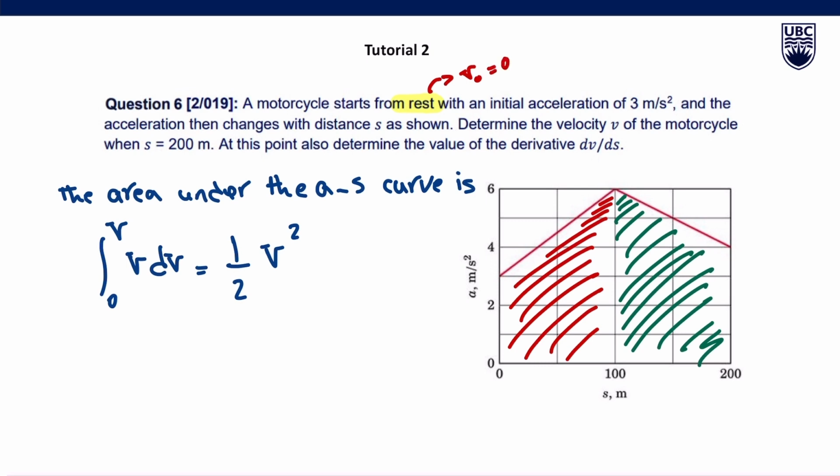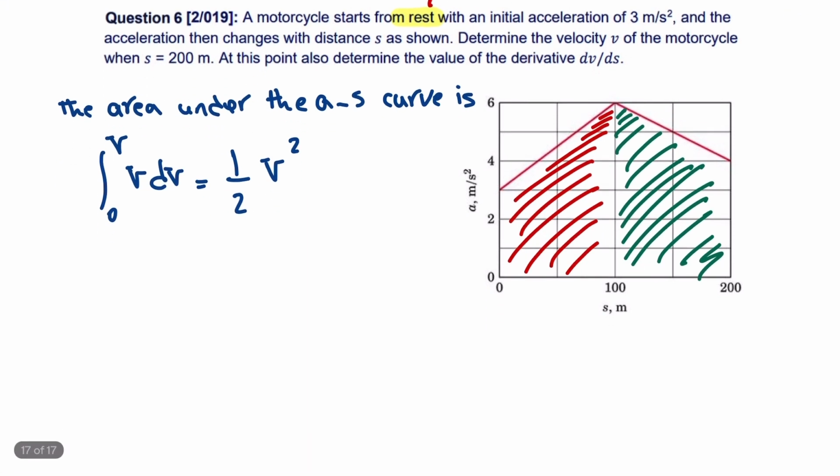And this is how you calculate this integral. So the integral of v is 1 over 2 v squared. Now let's calculate the area under the curve, the area from 0 to 200.